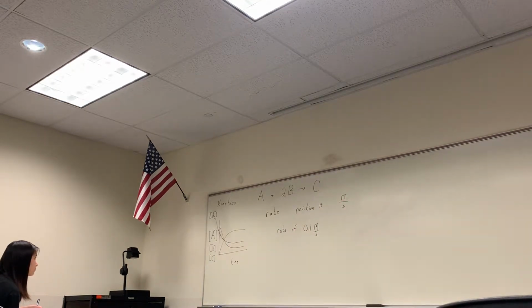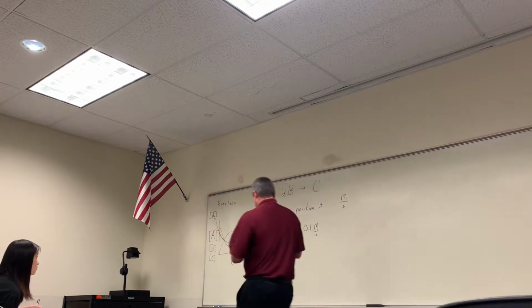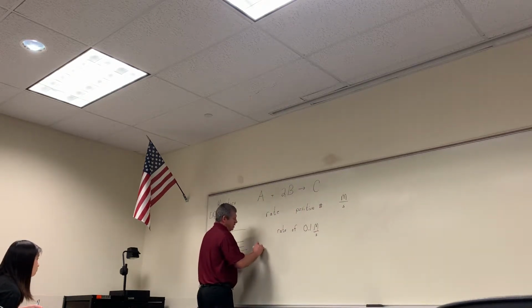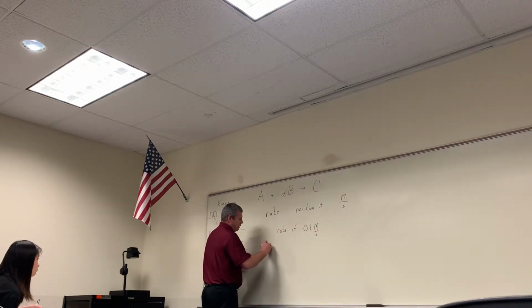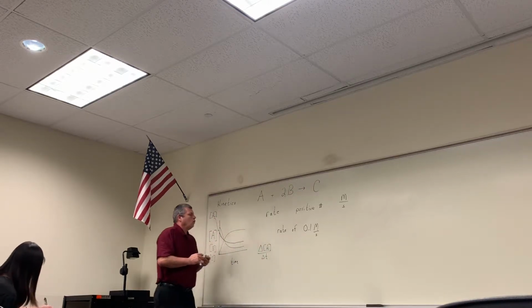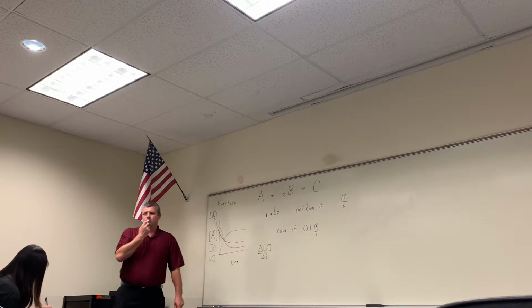We can also talk about how the concentration of each material changes. So in this particular example here, let's talk about the change in the concentration of A over time. Will that be a positive or negative number?